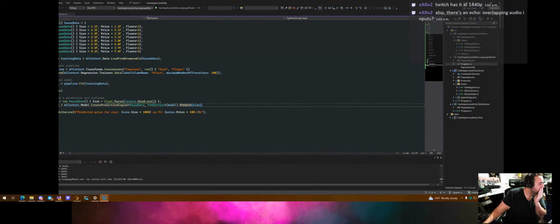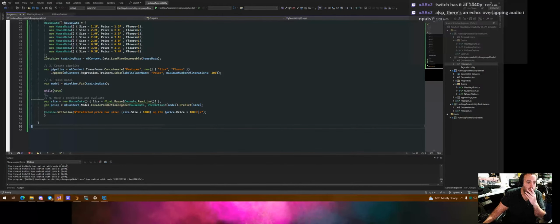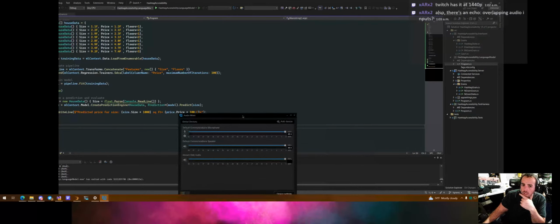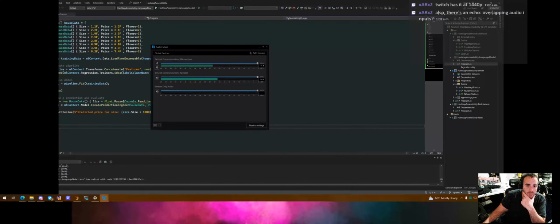Okay. So where were we? We were over here. Oh, there's an echo. Okay. Let's see. So here's the mixer. I don't know what I did before, but I turned on the monitor, like monitor style. So I see two audio sources maybe.